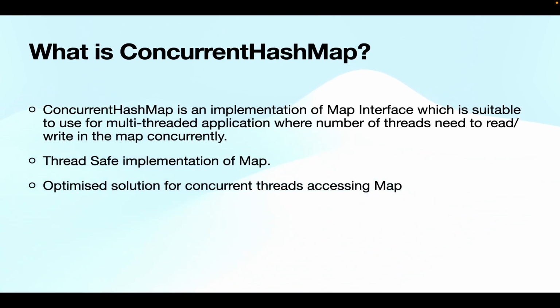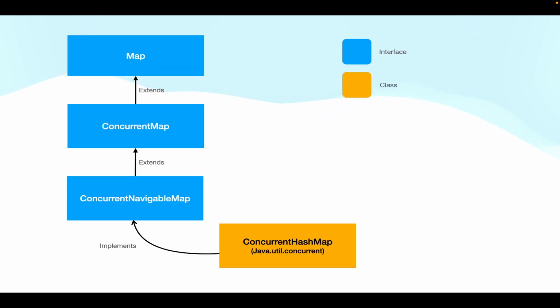write in the map. And this concurrent hash map is a thread-safe implementation of map, and it is optimized in comparison with hash table. Okay, we'll discuss hash table now.